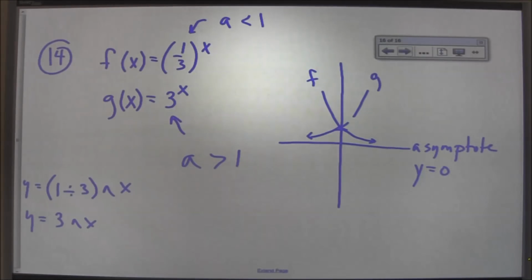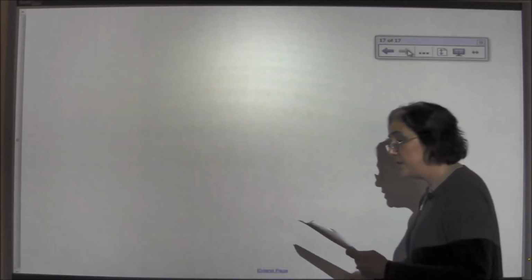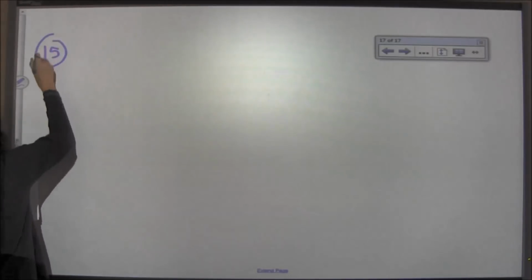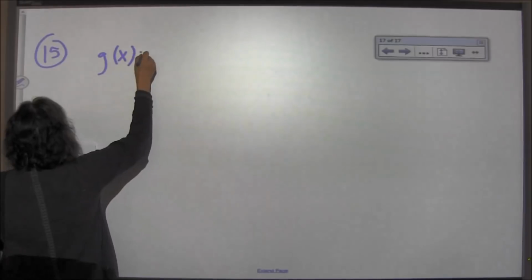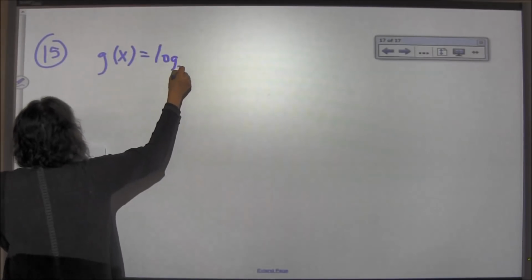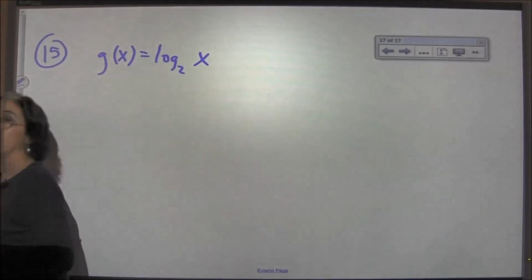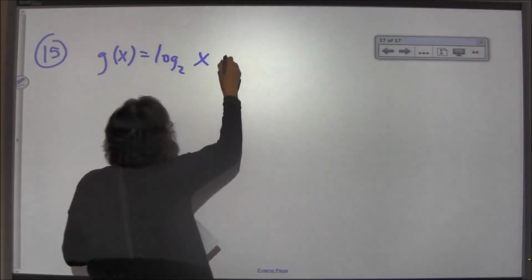And then number 15 is similar, except this one, they're having you graph a basic logarithm and then graph one that's got a shift. So let's talk about using your calculator to help you find some nice points. You can use the change of base formula to help you find nice points to graph.